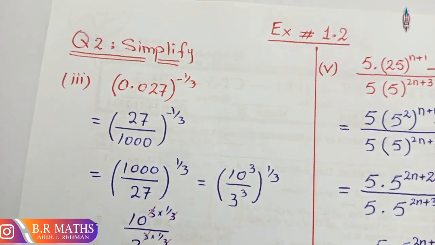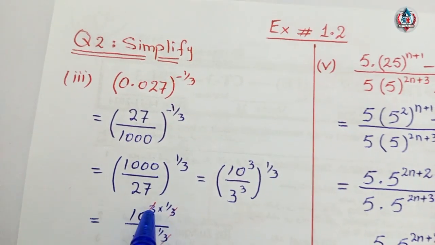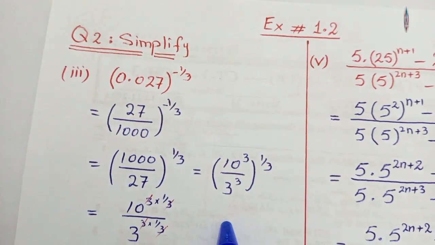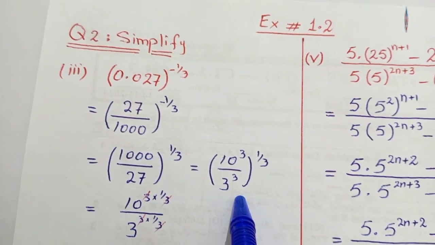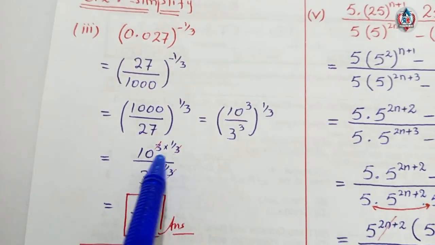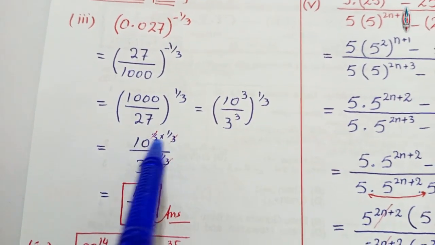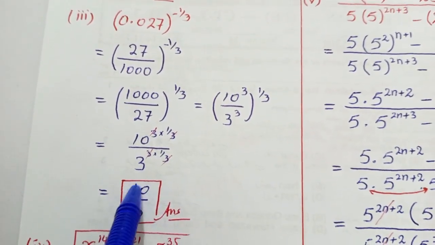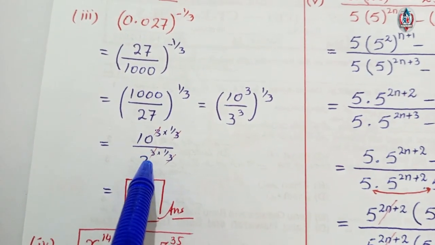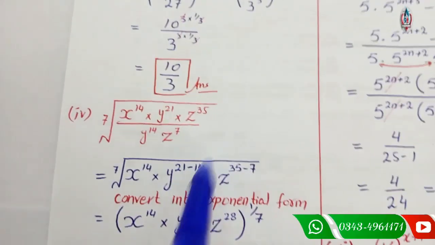Apply the rule: power negative, take the reciprocal, 1000 divided by 27 raised to power 1 by 3, and form the factors 10 raised to power 3 and 3 raised to power 3. With 1 by 3, open the brackets, the powers multiply with each other, so 10 raised to power 3 multiplied by 1 by 3, the 3s cancel with each other, and in the denominator 3 raised to power 3 multiplied by 1 by 3, the 3s cancel with each other. Finally, 10 over 3 is the final result.